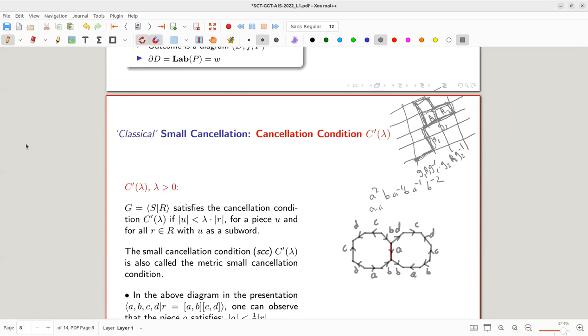You can see here, if you also remember the presentation, that it is the group generated by this, with all the inverse elements as well. So this is the relator, and this is the relator, right?